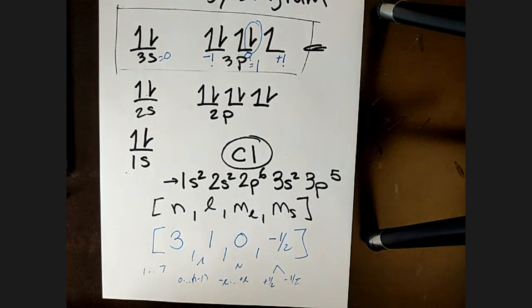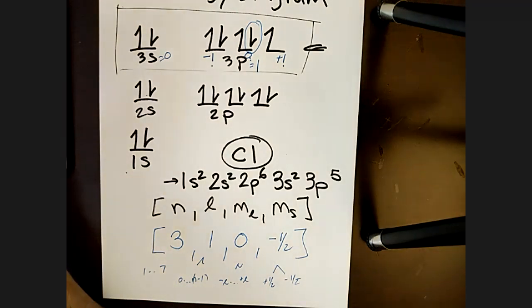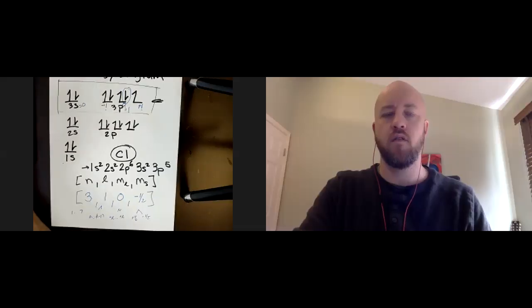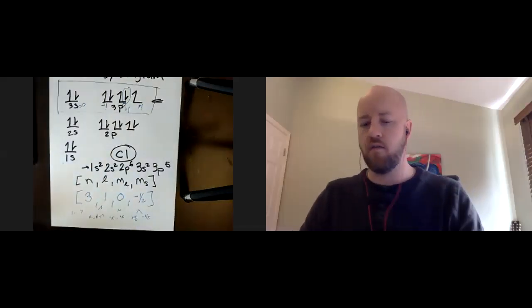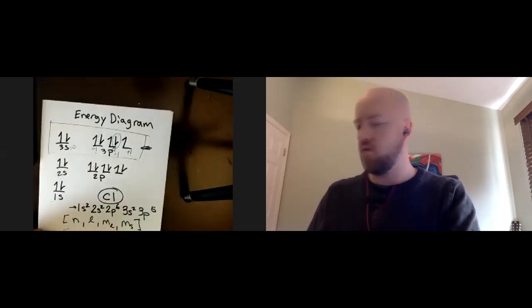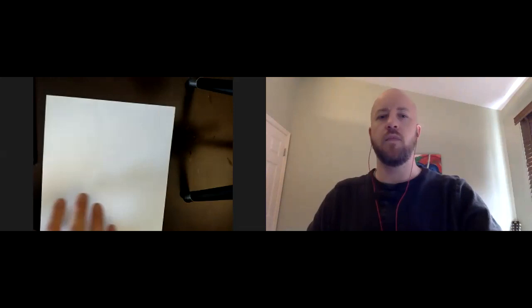All right, so that's it for our first look at quantum numbers. And we will come back a little bit later with some additional quantum number practice problems. And that is it for now.